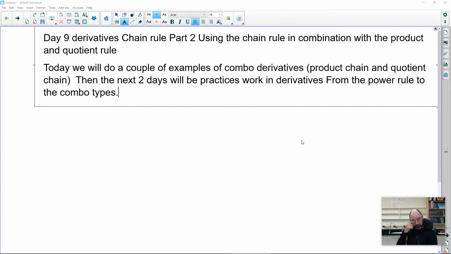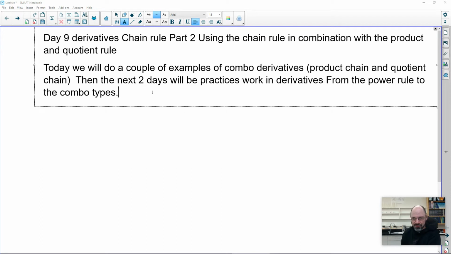We're going to look at a couple of examples in the product rule and a couple of examples in the quotient rule, maybe 2 and 2 or something like that. That's basically all we're going to do because there are no new rules. It's just applying them at the same time, using the chain rule at the same time that you would do a product rule, or using the chain rule at the same time you do a quotient rule. So I'll do 3 or 4 examples of that.